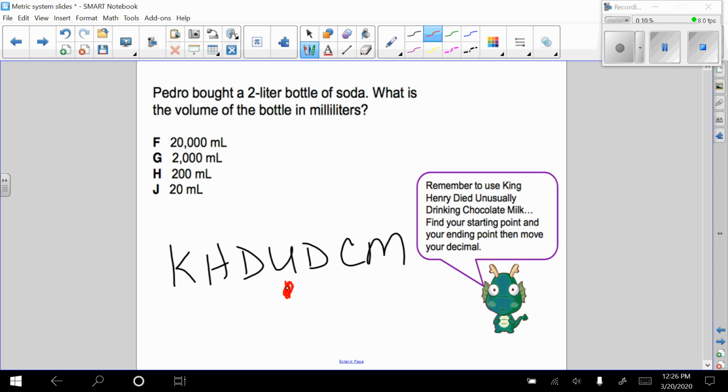Remember, our main units are liters, meters, and grams, and that goes under the U. I'm going from liters to milliliters, so I'm going 1, 2, 3 spots to the right. If the decimal point's not there, remember it's at the end. So if I have a 2 and it's at the end, I have to go 1, 2, 3 spots. That means I have to add in zeros. I'm going to come up with 2,000. Give it a try and see how you do.